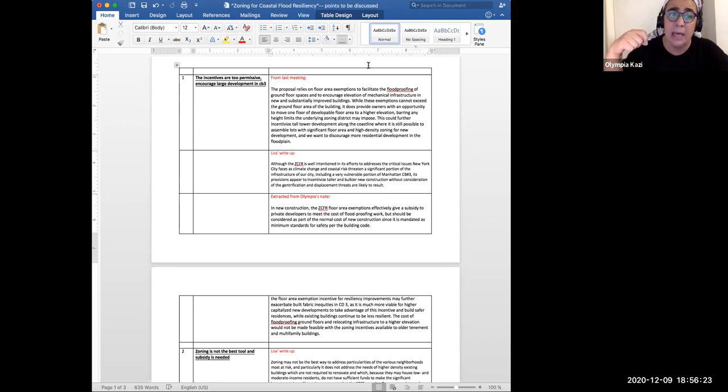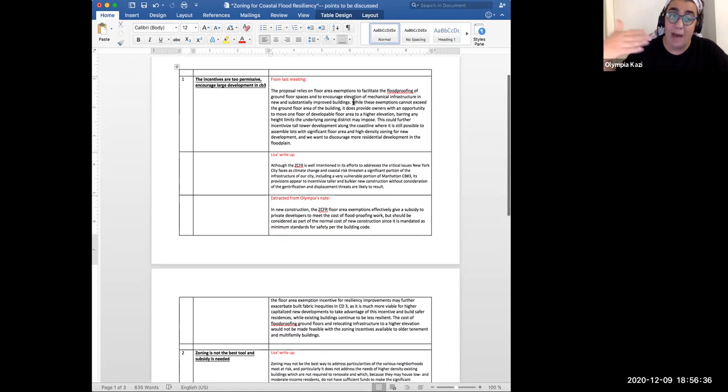The second thing is that the building code is currently, I think, mandatory only in the 100-year flood zone, and these incentives in this ZCFR are extending them to the 500-year flood zone. I think what that would end up meaning is that new construction that has more capital will be more flood proofed, and others who don't have capital cannot do it.